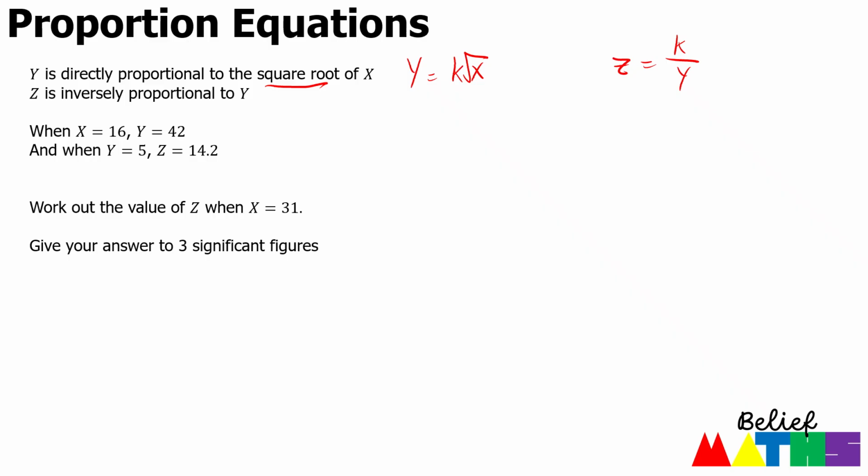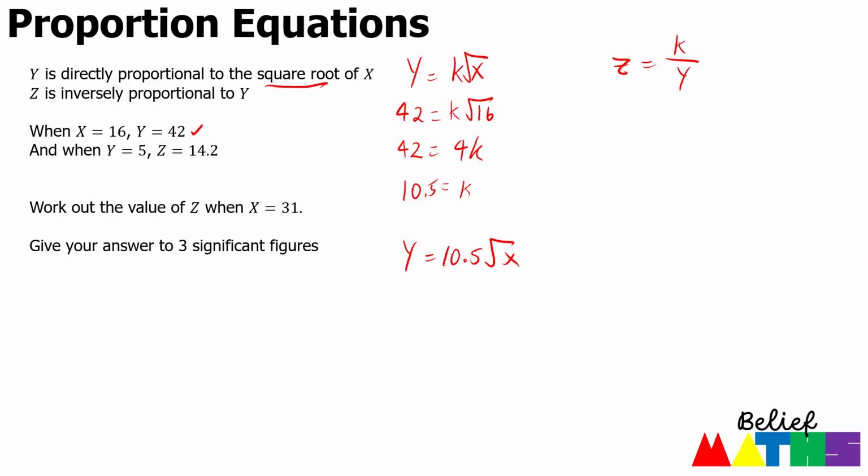So let's work out each of these values of k. In the first one, for the direct proportion, when x is 16, y is 42. So we get 42 is equal to k square root 16. That's 42 is equal to 4k. Divided by 4, k is equal to 10.5. So my first equation is y equals 10.5 root x.